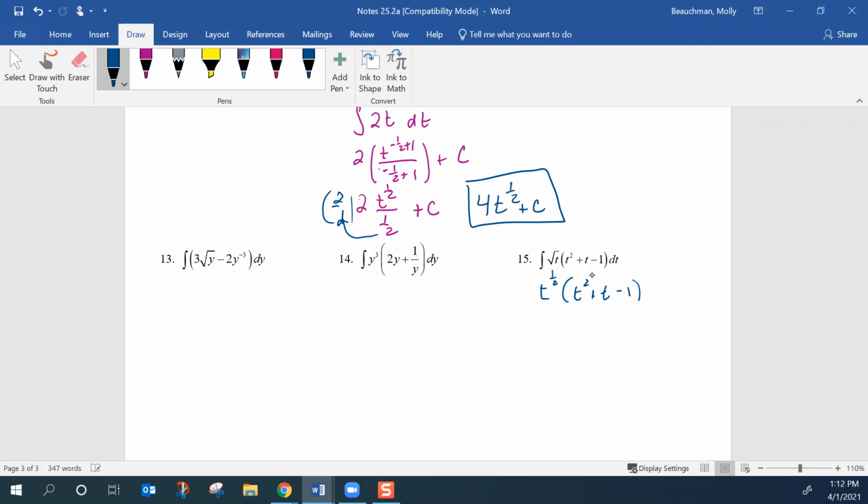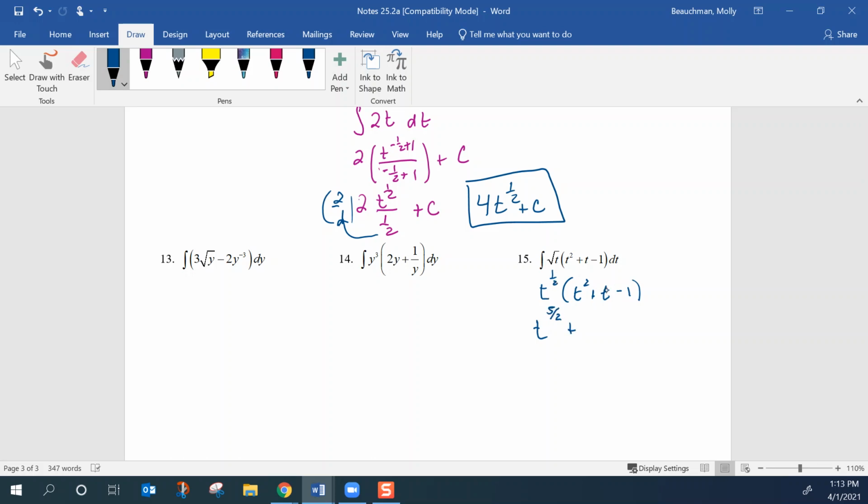Multiply that through. t to the power of a half times t squared. Add the powers when you multiply. So that would be t to the power of 3 halves. Oops, that would be t to the power of 5 halves, because 2 is the same thing as 4 halves plus 1 half is 5 halves.